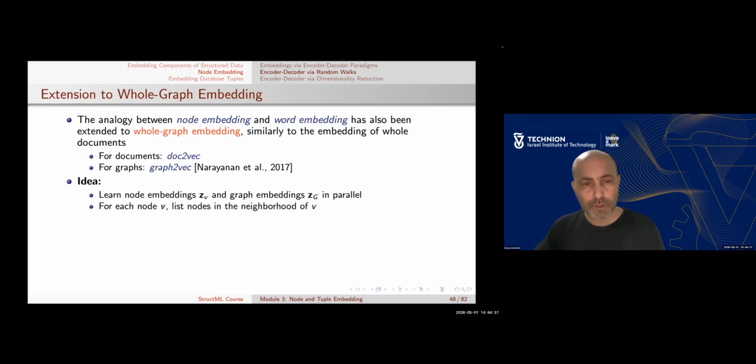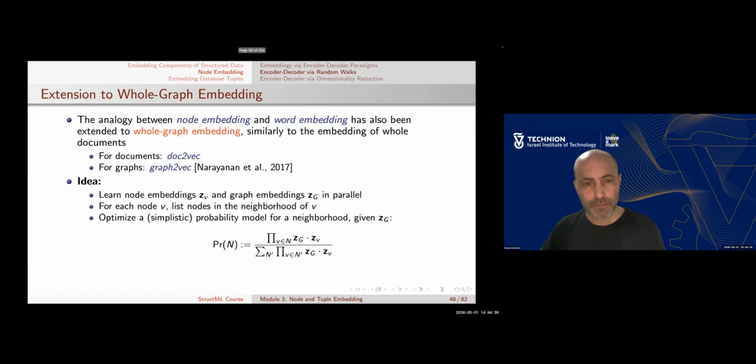Now for each node, we list the nodes in the neighborhood of V, and then we try to predict this neighborhood. We do so by using the embedding of the graph ZG as part of the parameters of our model.